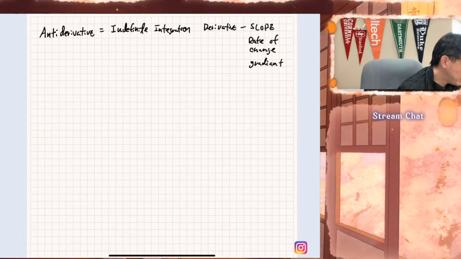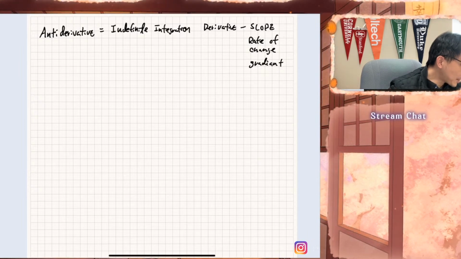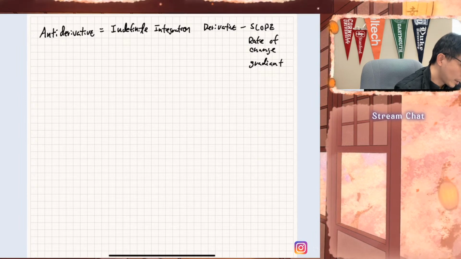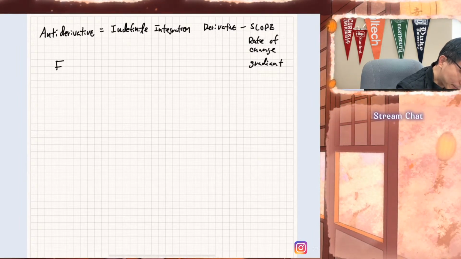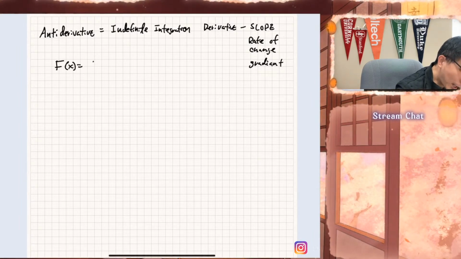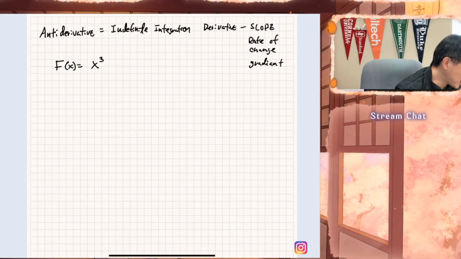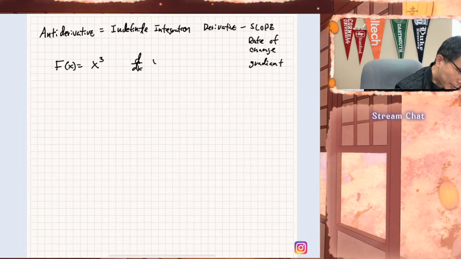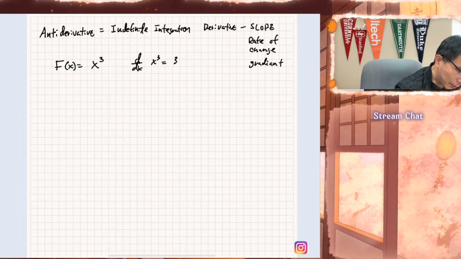So let's just say f of x is equal to x to the third. Now if I take a derivative of x to the third, that is equal to 3x squared.